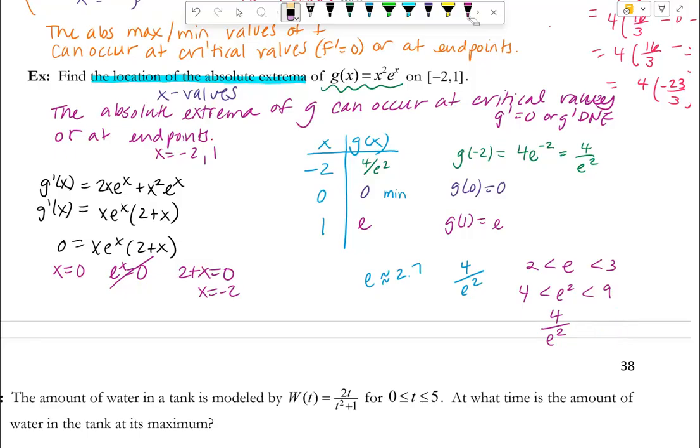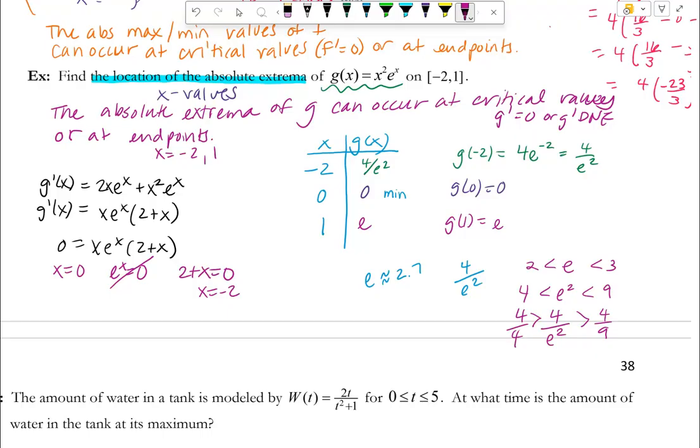I was thinking about what we think about when we're considering reciprocals: when we take the reciprocal of an inequality, we have to flip it. So this is going to be between 4 divided by 4, which is 1, and 4 divided by 9. Since we're dividing a number by those three denominators, it's like we're multiplying by the reciprocal, so I do have to flip those inequalities.